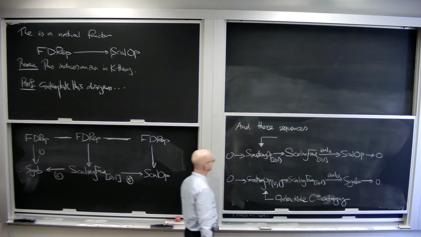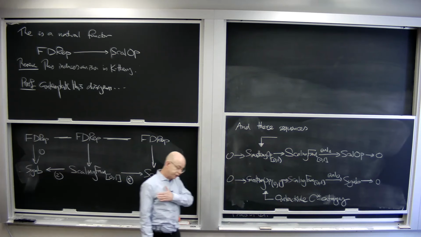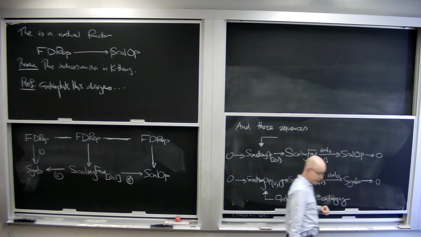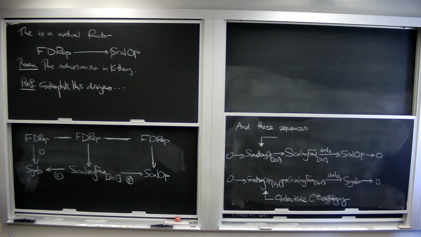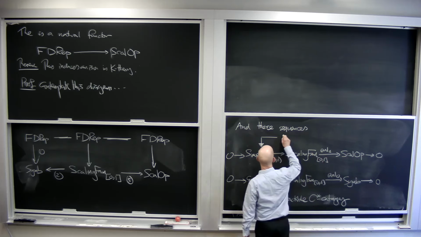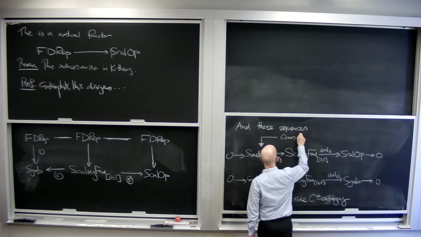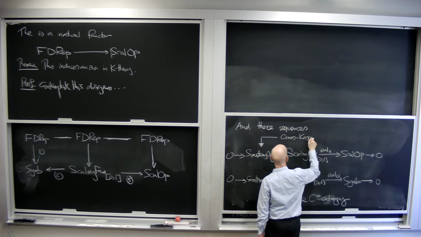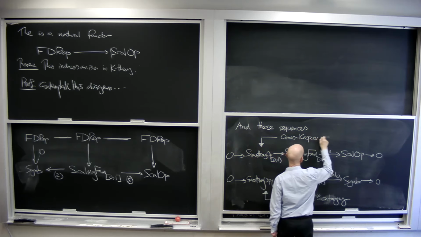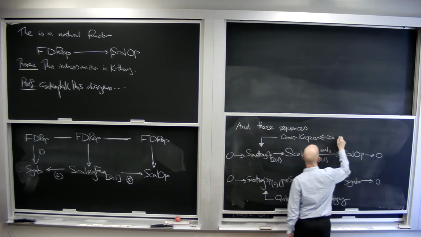happens here. We saw that the Kohn-Kasparov isomorphism could be expressed in terms of these continuous fields of C-star categories, which is exactly what we're talking about here. This thing has 0 K-theory if and only if the Kohn-Kasparov isomorphism is an isomorphism, which it is.